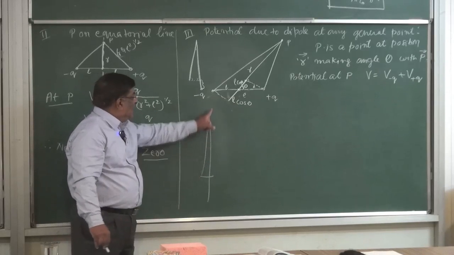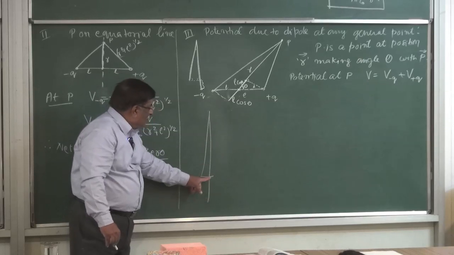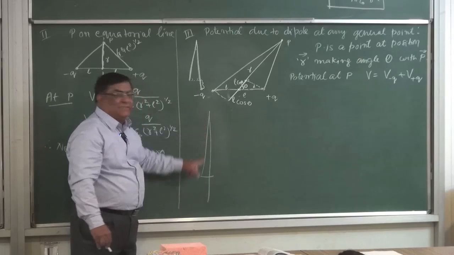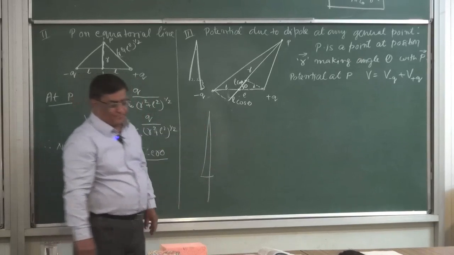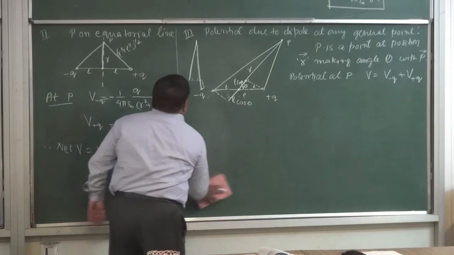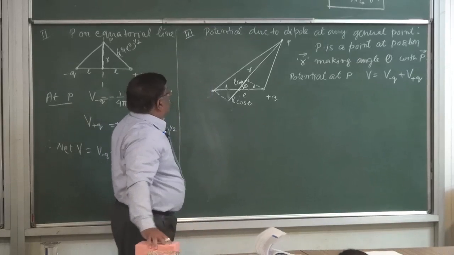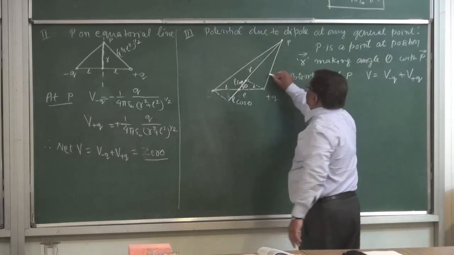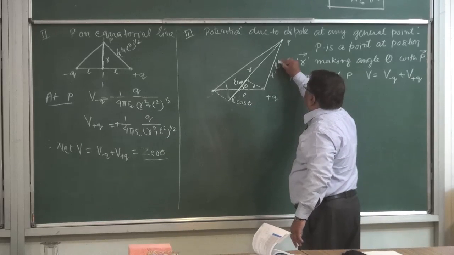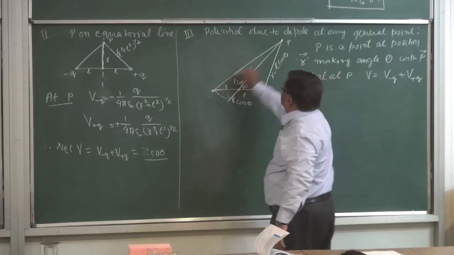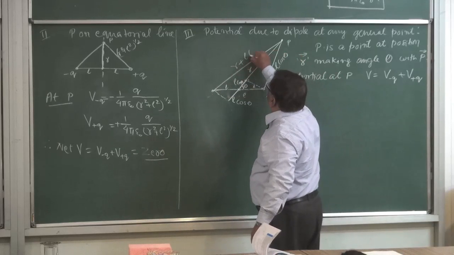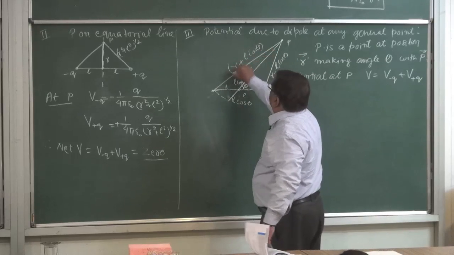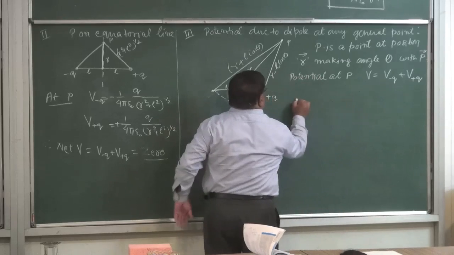If this line is 10 centimeter, this is 2 centimeter, then this is 10 minus 2. The same thing we apply here. How much is this length? Now we understand. This is R minus L cos theta. And how much is this? Correct. Now we can make it.